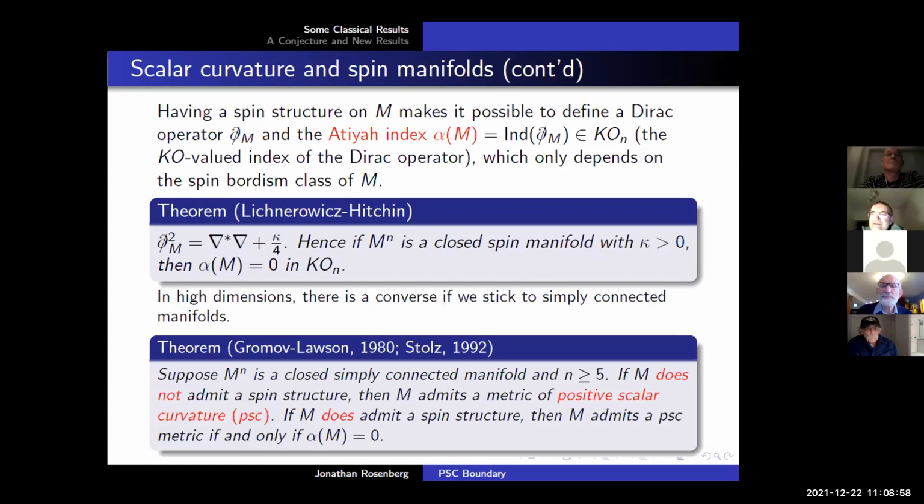So in this case... Sorry, maybe one question related to this last comment. It could happen that we choose two different spin structures, yes? We end up with different Dirac operators. Yes. And a priori, it could happen that for one of these Dirac operators it would be more or less clear that the index in KO would be 0, and for the other one maybe it wouldn't be so clear. Actually it turns out, here this was in the simply connected case.